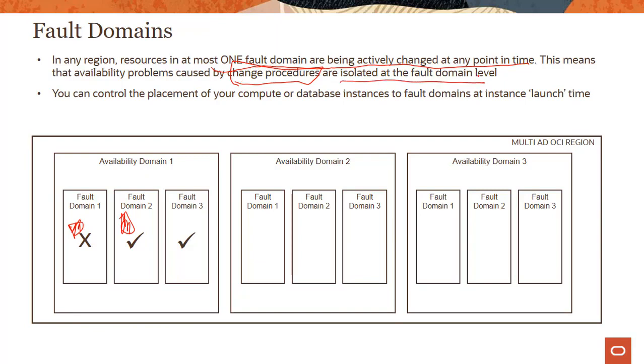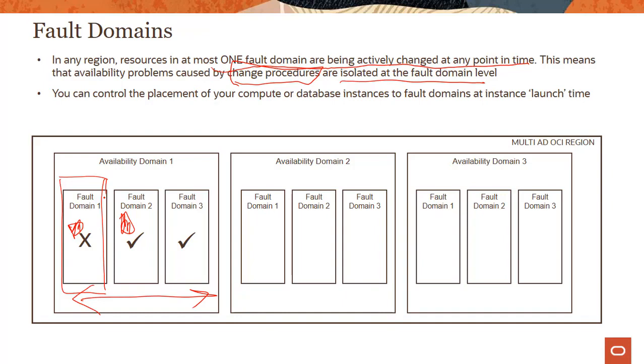So it will never happen that we are trying to patch the hypervisor and the whole hypervisor for the whole AD goes down. We will isolate all this at fault domain level. And we have this concept of service cells and lots of complexity around how we actually architect around those. We're not going through that in this lecture, but we make sure that we isolate the faults, these kinds of configurations, change procedures at the fault domain level.